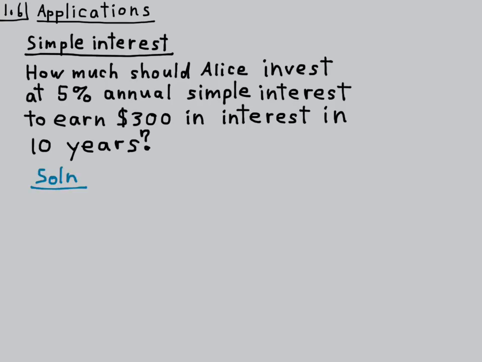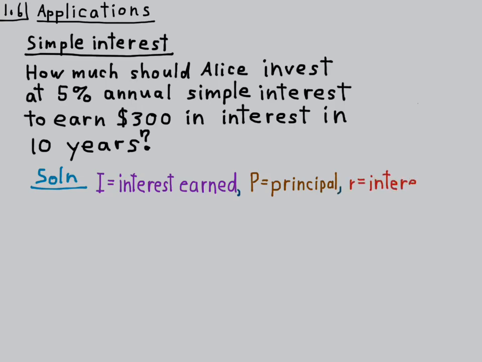So you'll just need to know this. I is the interest earned. P is the principal, also known as present value, especially when you're doing economics. Little r is the interest rate, and t is the time.